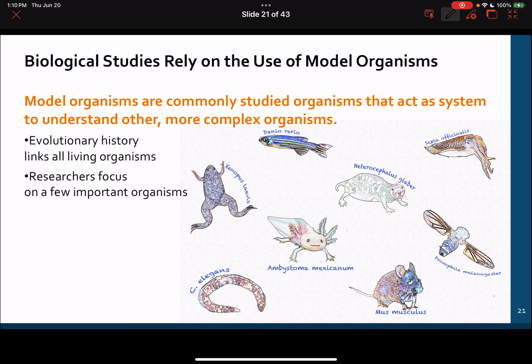Any organism that is in the same, say, genus or the same class, phylum, or order, any of these other categories, can help us learn about the other ones in those categories because of common characteristics and common ancestors.